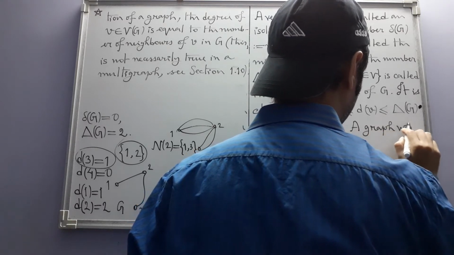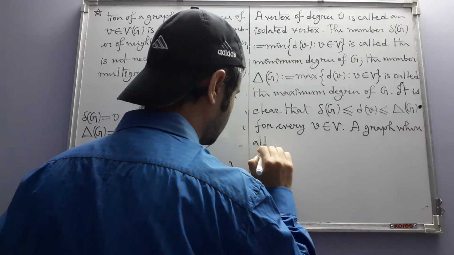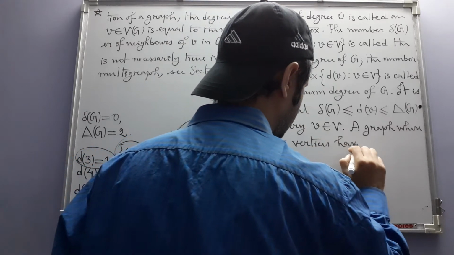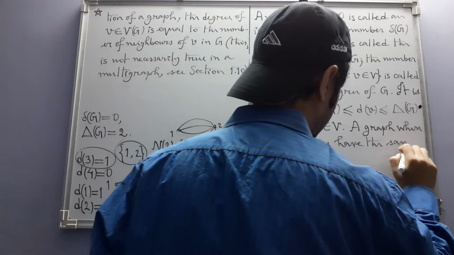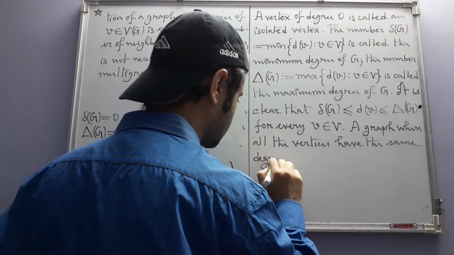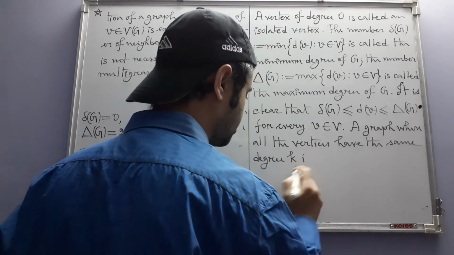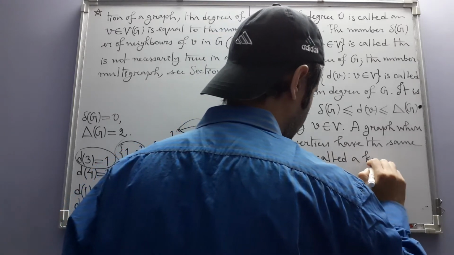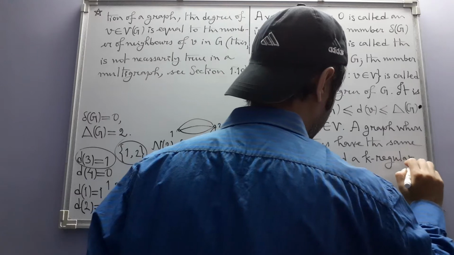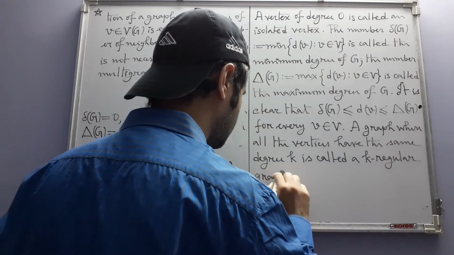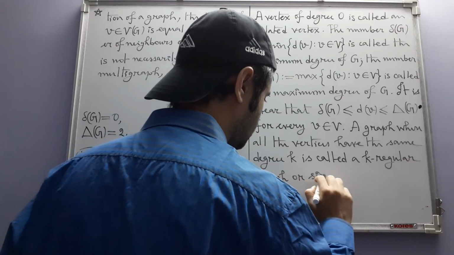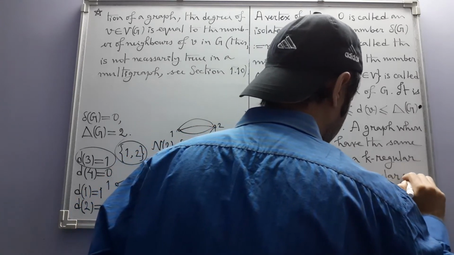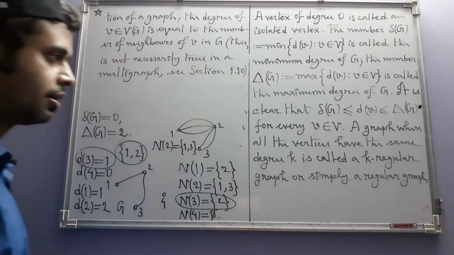A graph where all the vertices have the same degree k, where k is some non-negative integer, is called a k-regular graph, or simply a regular graph.